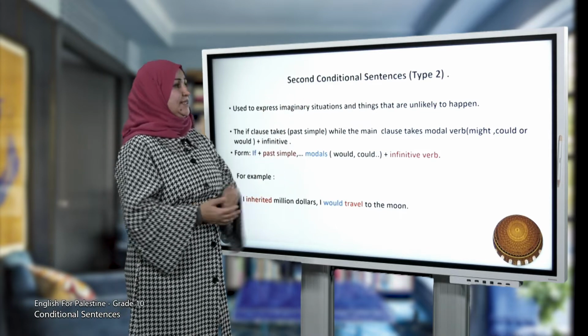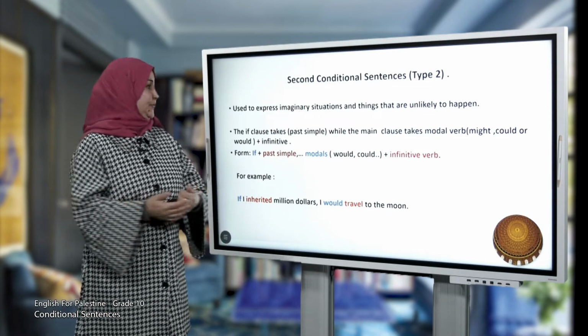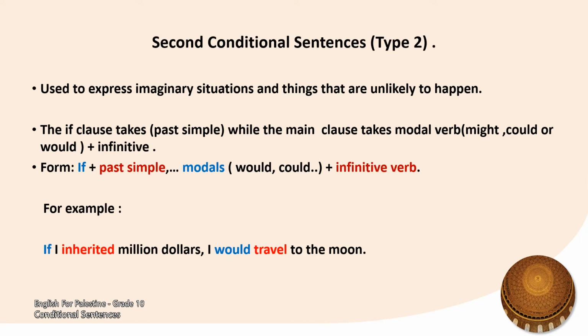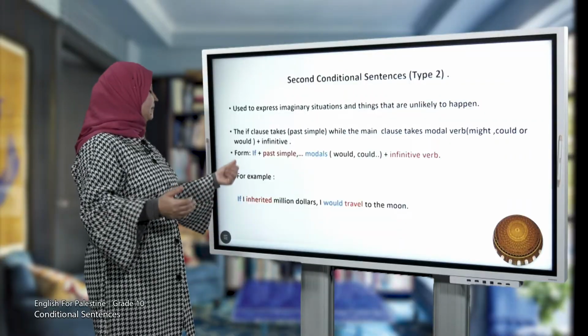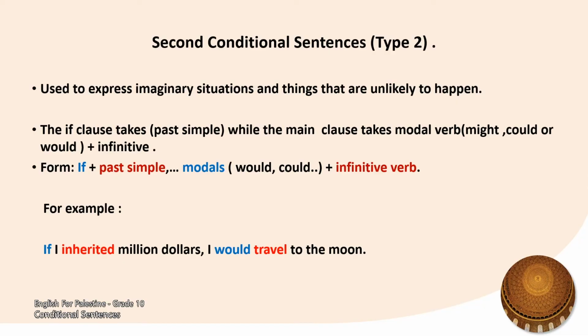Second conditional sentences, or type 2, are used to express imaginary situations or things that are unlikely to happen. The if clause takes past simple, while the main clause takes a modal verb might, could, or would plus infinitive verb. The form is if plus past simple verb.